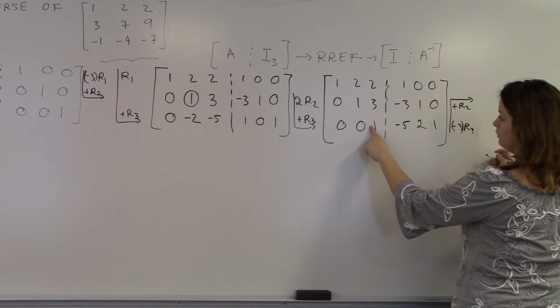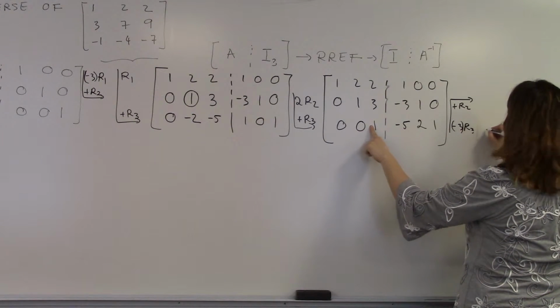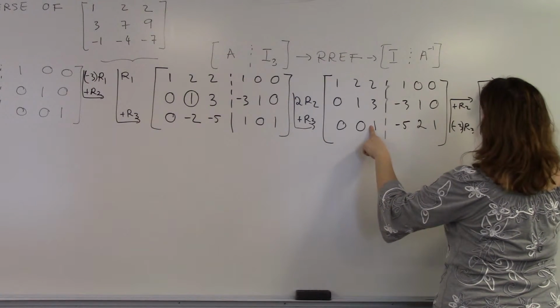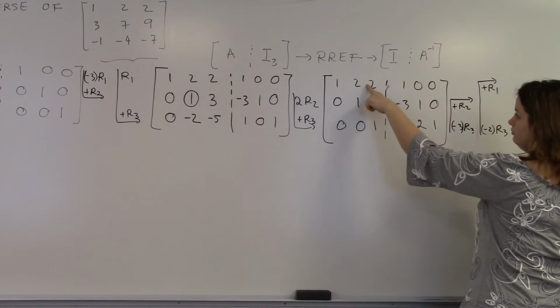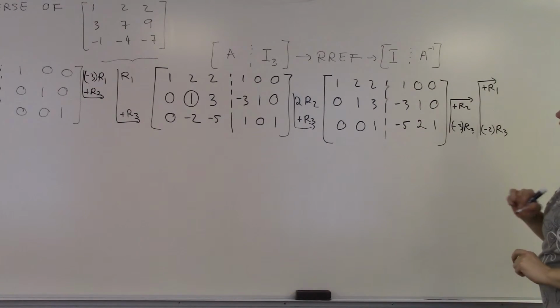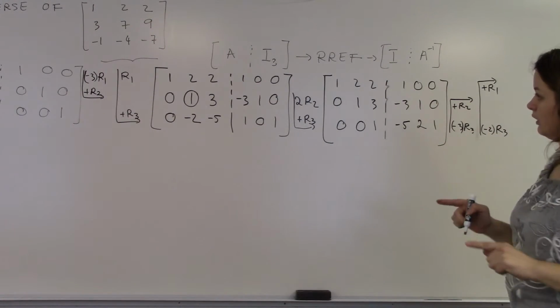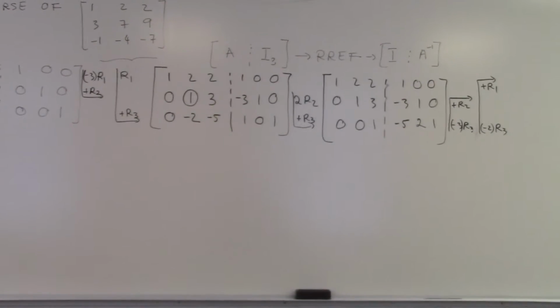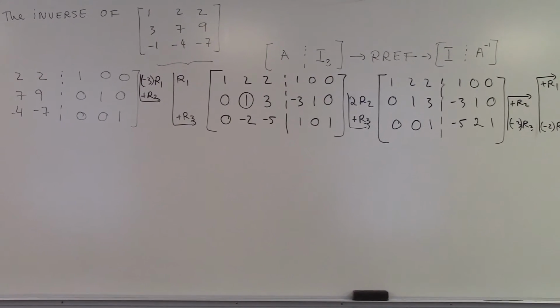Then we're going to multiply -2 times row 3 and add that to row 1.